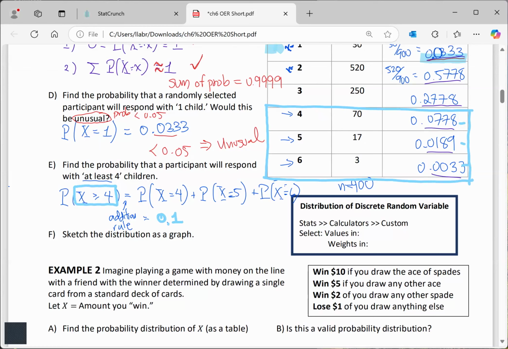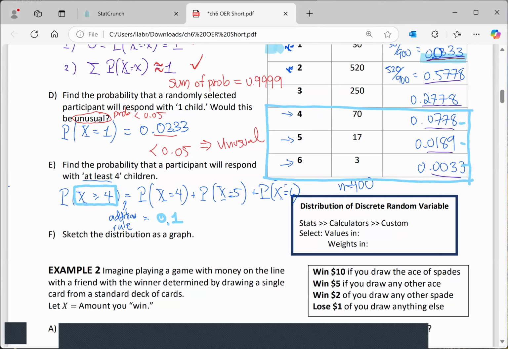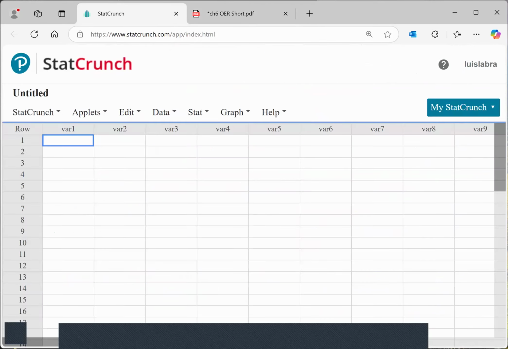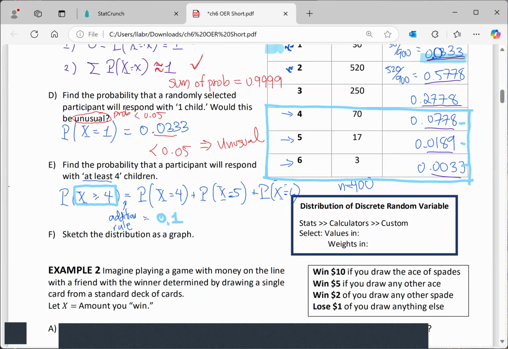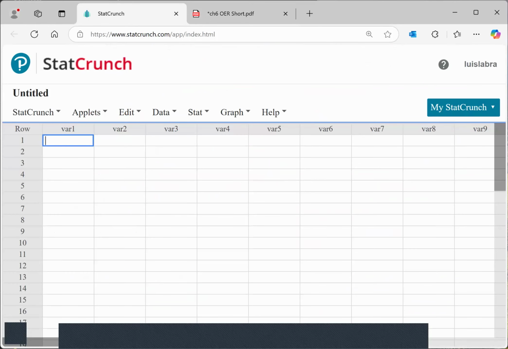All right, we have one final question, which is sketch the distribution as a graph. So for this one, we actually do need StatCrunch. So let's go on over to StatCrunch. And by the way, the commands are posted here. One of the first things that you want to do is type in your distribution.